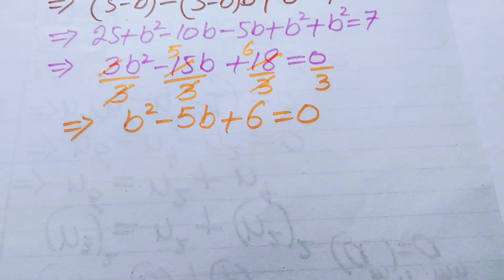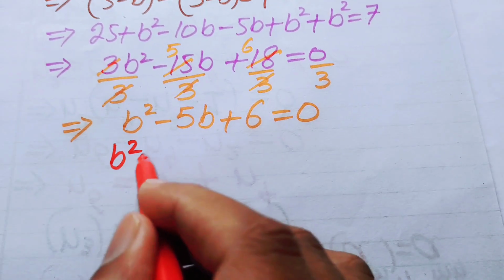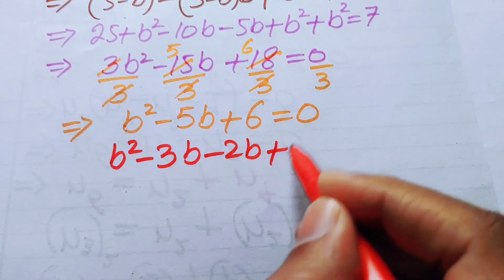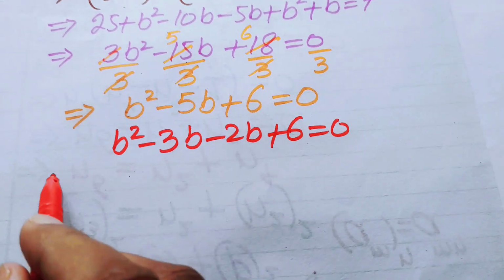Now we will factorize this equation. The factors are b squared minus 3 times b minus 2 times b plus 6 equals 0.